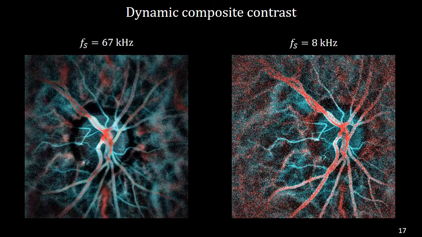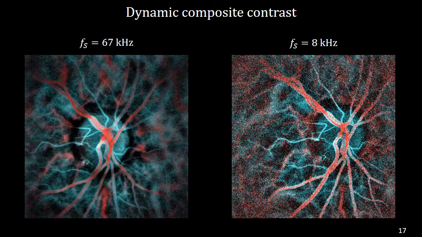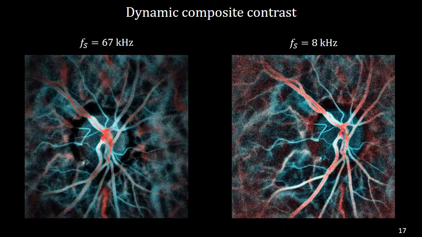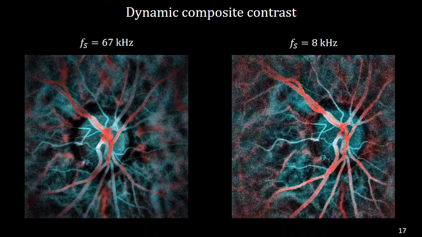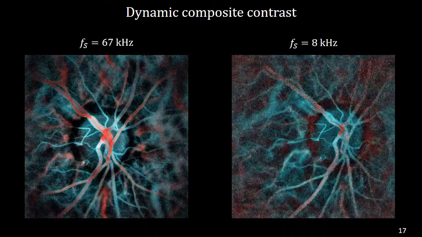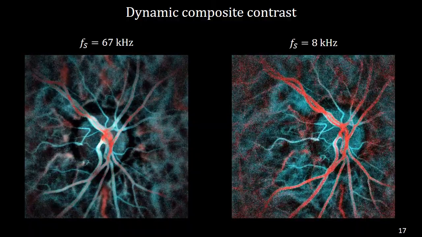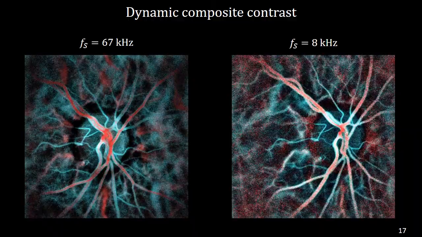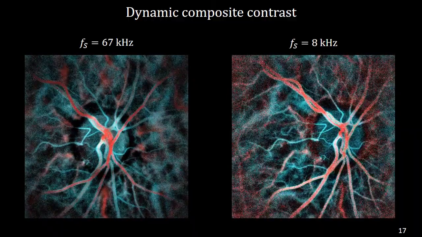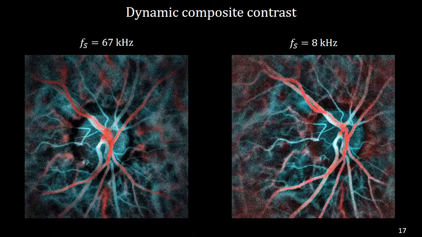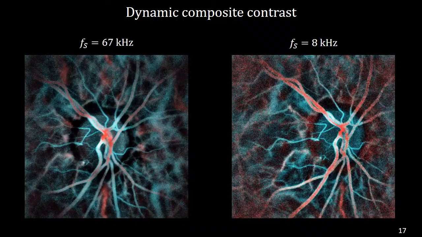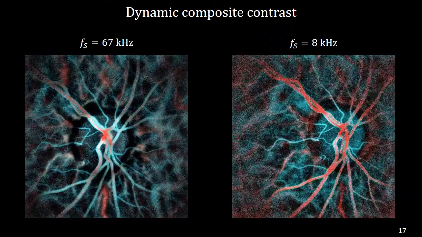We are able to do so with a good temporal resolution. So here are the corresponding blood flow movies for the two measurements that were performed at 67 and 8 kHz, and you can see that the signal to noise ratio is comparable. It's not exactly as good on the movie on the right, but it's quite good compared to what we were expecting.